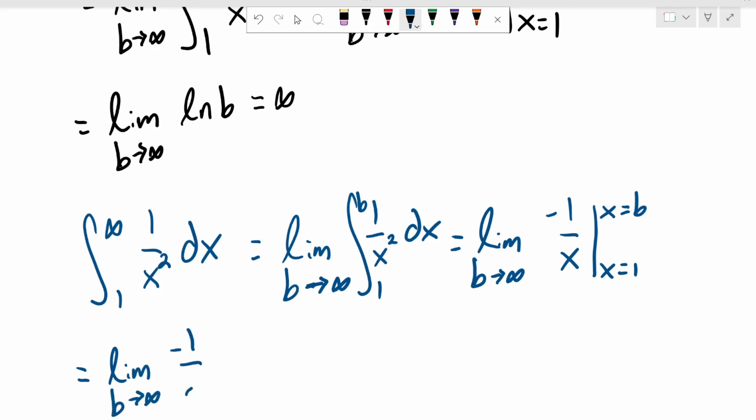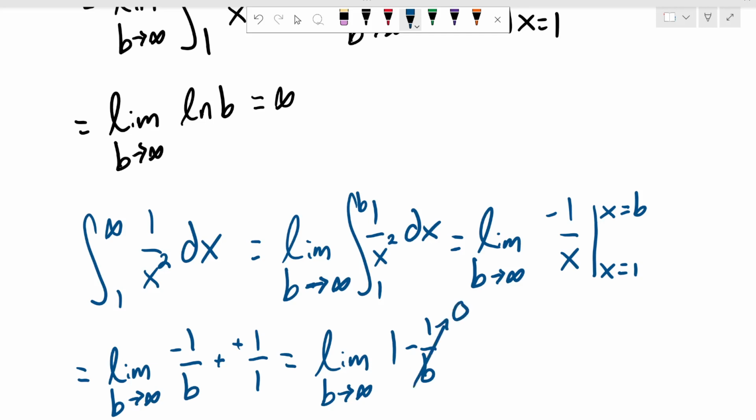Okay, so negative 1 over b minus a negative 1 over 1. So those will cancel. We'll have a positive. So essentially we have the limit as b goes to infinity of 1 minus 1 over b. So of course when we take the limit of 1, we just get 1. But when we take the limit of 1 over b, this is going to go to 0. So ultimately we're going to be left with 1.